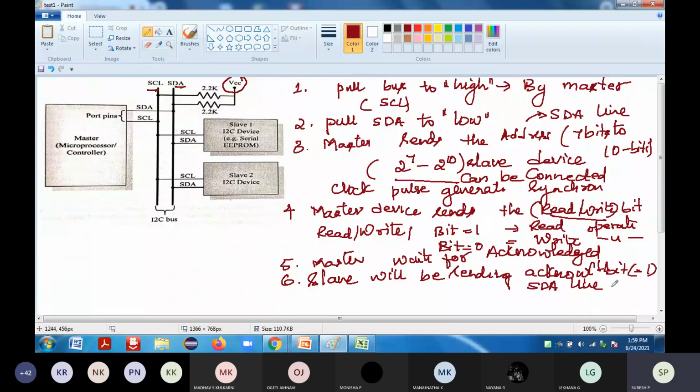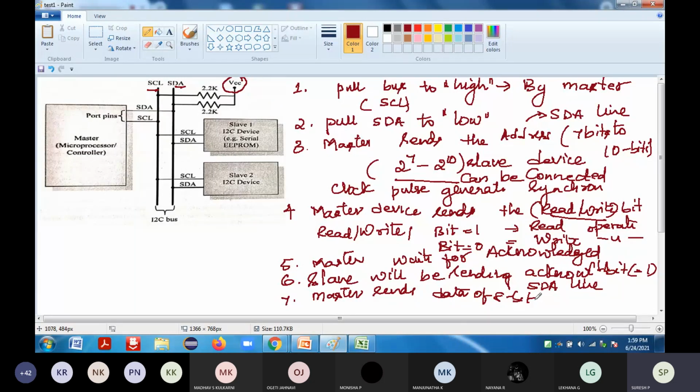Once the master receives the acknowledgement bit, the master will send data if it is at the transmitting end. The master sends data of 8 bits over the SDA line to the slave device if the requested operation is write to device.